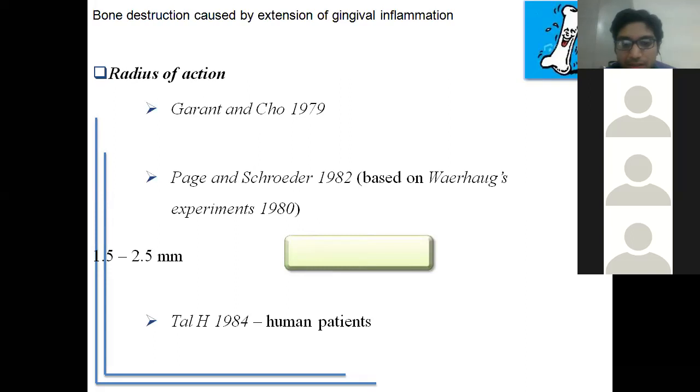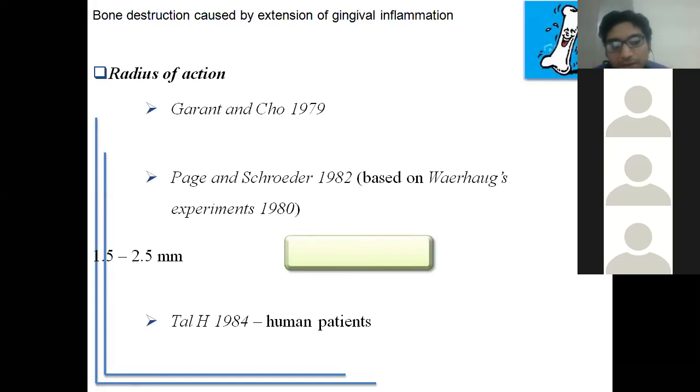What is radius of action? That is, bone loss can occur only till a radius of 1.5 to 2.5 mm, in close proximity to the plaque. Angular bone loss occurs in an area which is more than 2.5 mm.